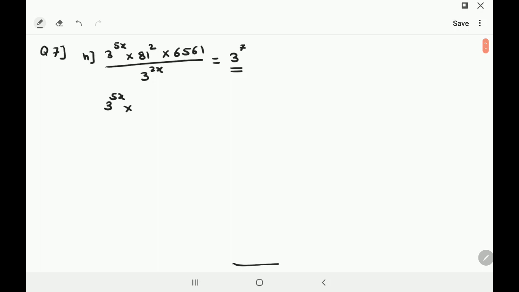So base is 3. Everything you find here, convert to base 3. If it is not, bring it.